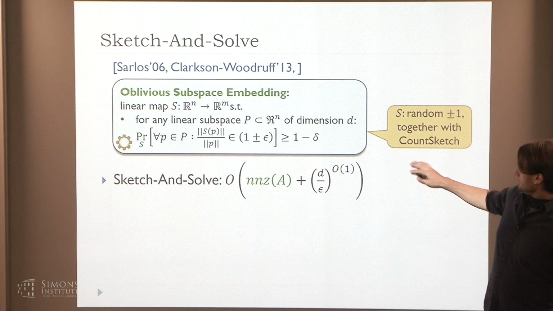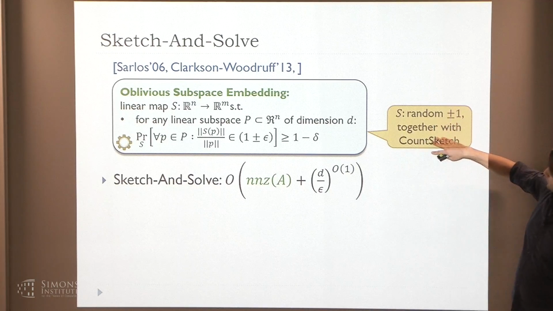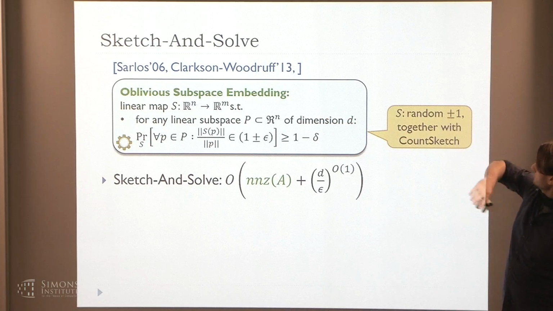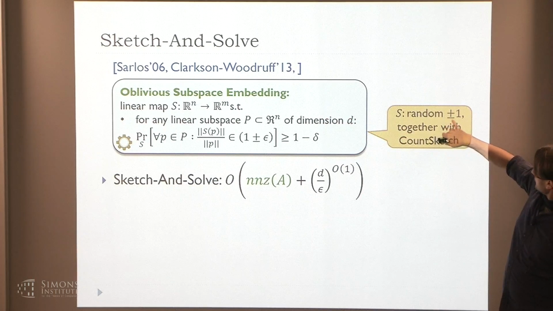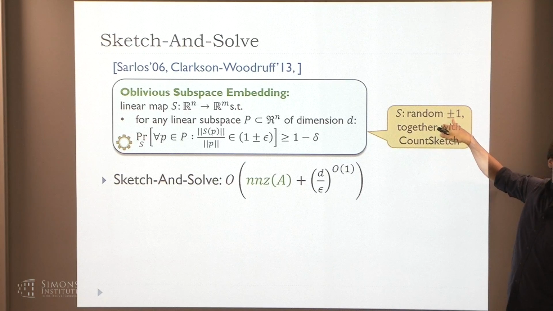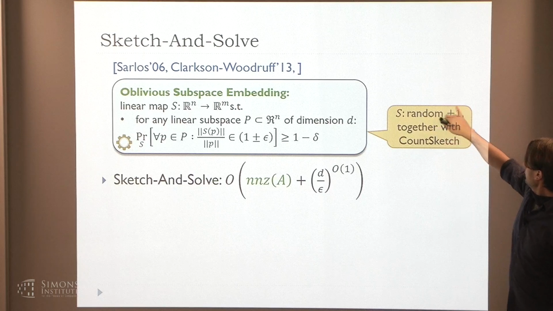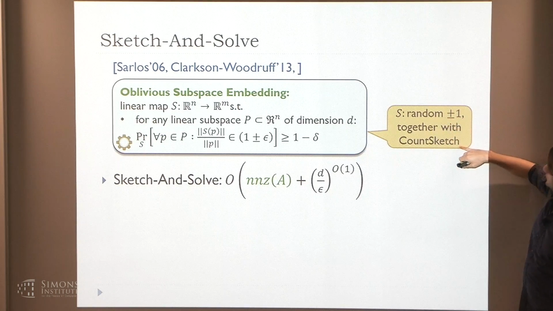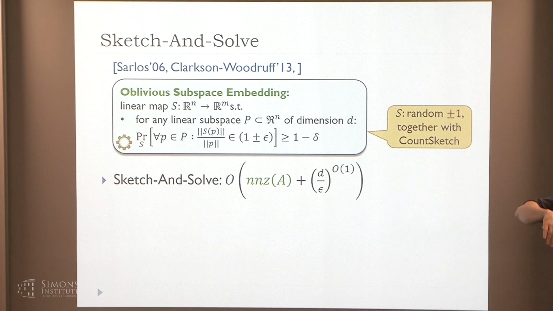One way to get S, and this is from the paper by Ken Clarkson and David Woodruff, is a combination of taking random plus or minus ones, think about this as a form of random Gaussian vector, combined with the idea of count sketch, which was done in a different context in the streaming community.